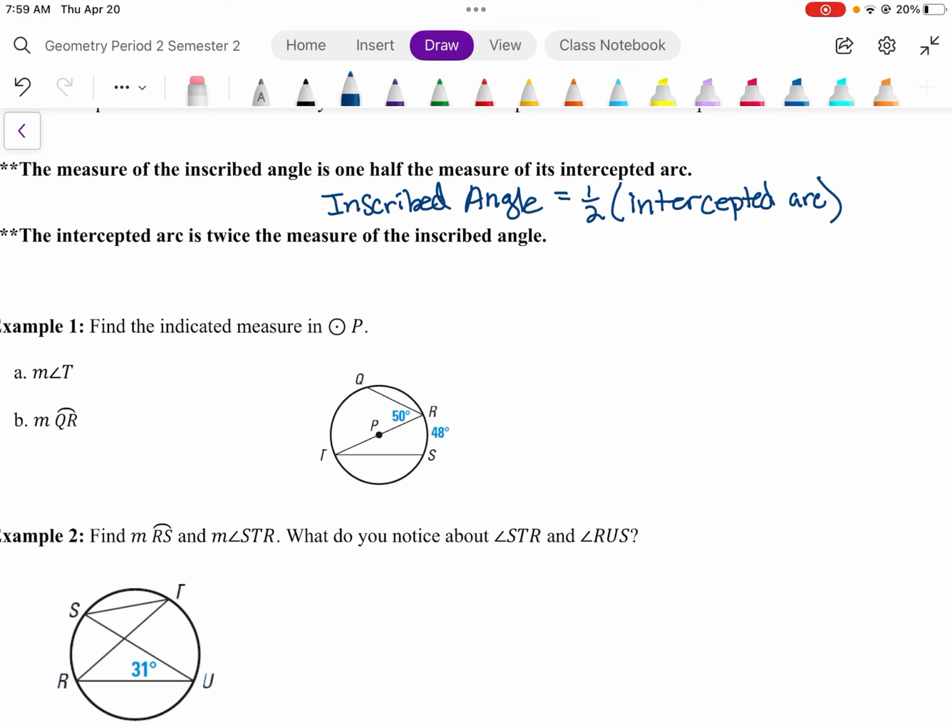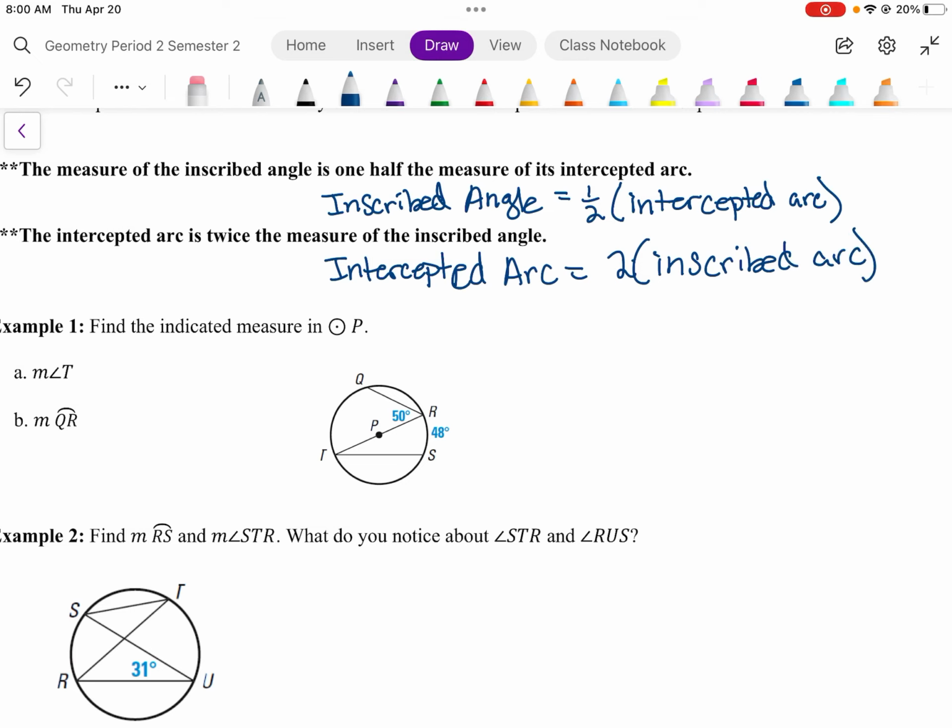So then, if we weren't looking for the angle, if we were looking for the arc, the intercepted arc is going to be equal to 2 times the inscribed angle. Now, both of these equations are the same.